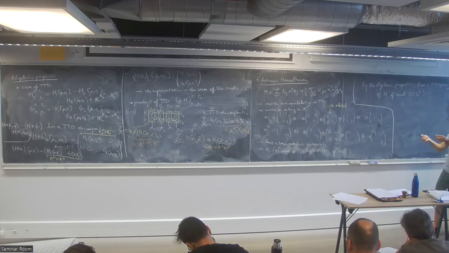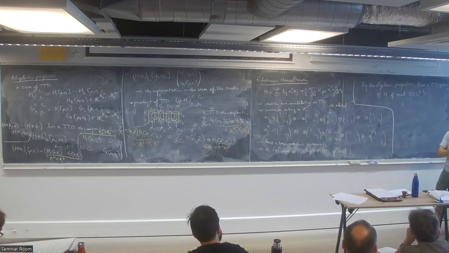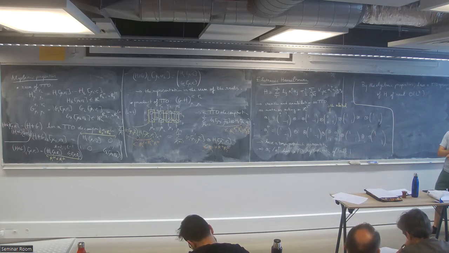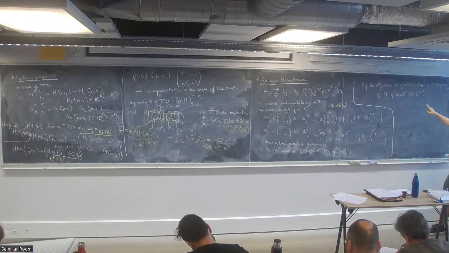So this format preserves the sparsity that you have in the Fock space representation of your electronic Hamiltonian. So yeah, that's nice.